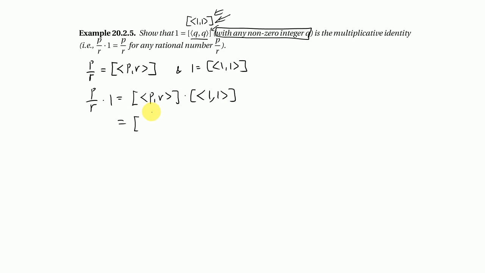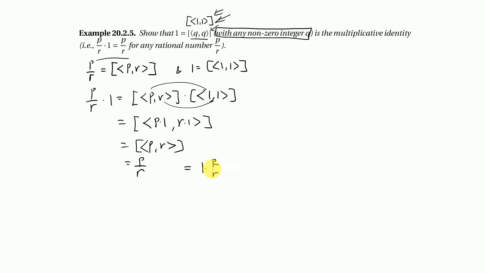Then according to our definition of product, it is x coordinates and y coordinates, which is (p, r), which is p over r. Okay? And please do the other part, right? So 1 times p over r is also the same thing, which means 1 is the multiplicative identity.